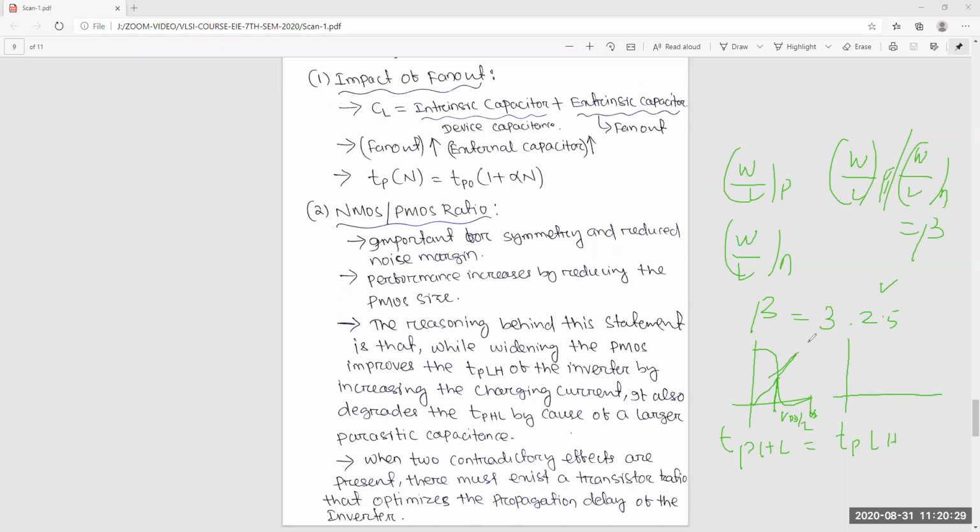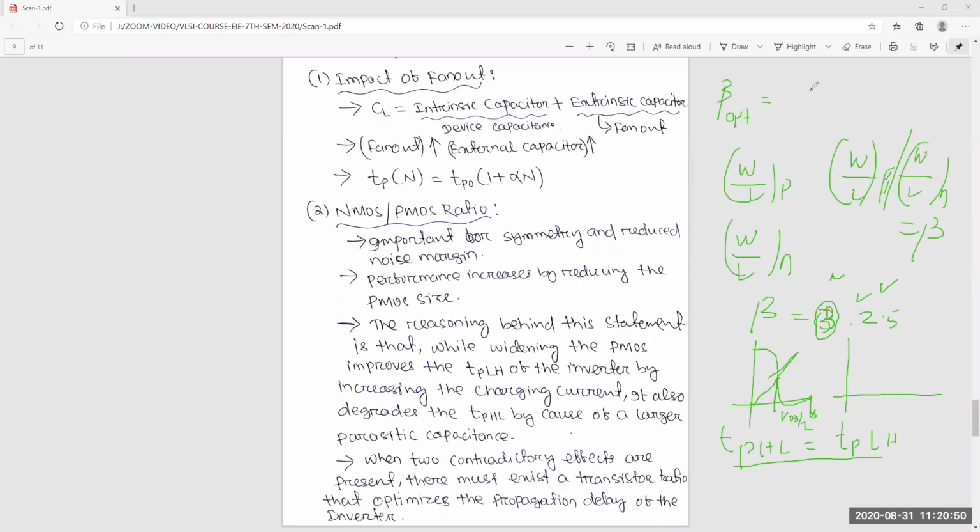By using this value, 3 or 2.5, according to mobility, we get a symmetrical VTC. But actually there is some beta optimization value. You have to calculate the beta optimization. So if you use that value, then what happens?